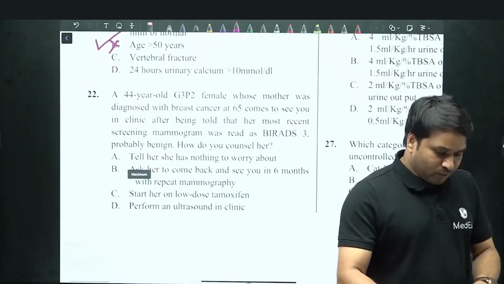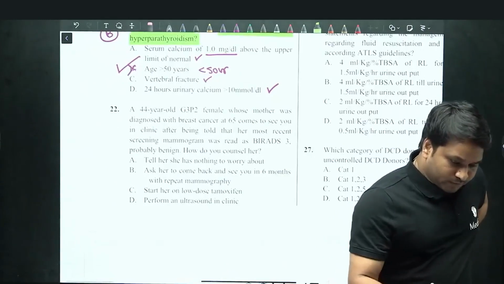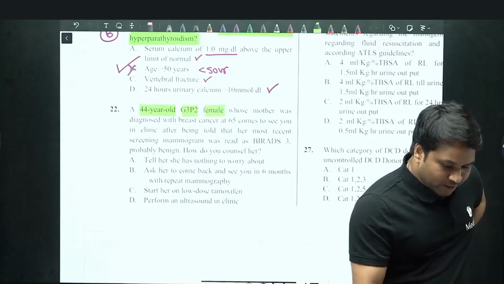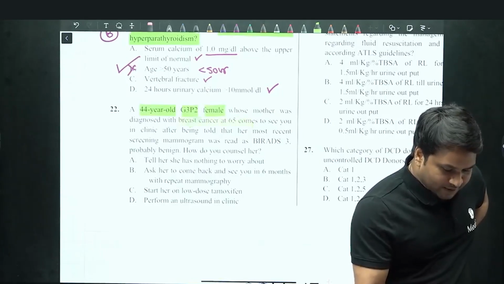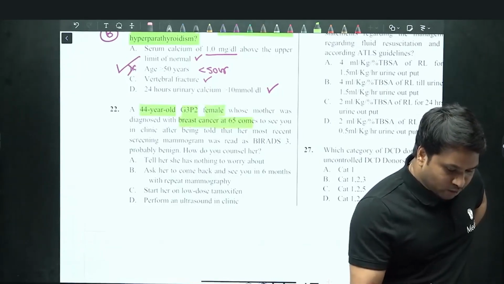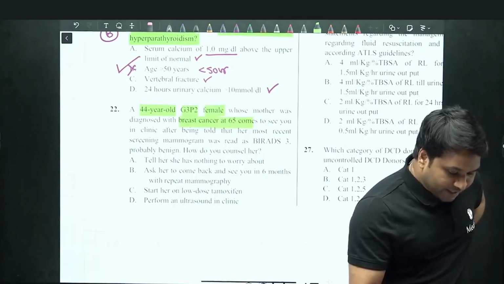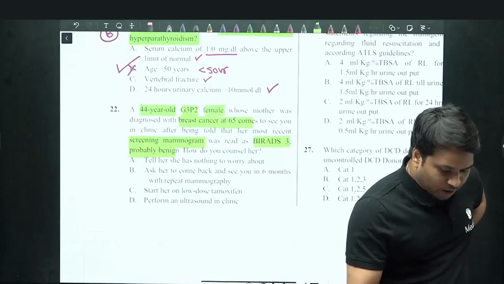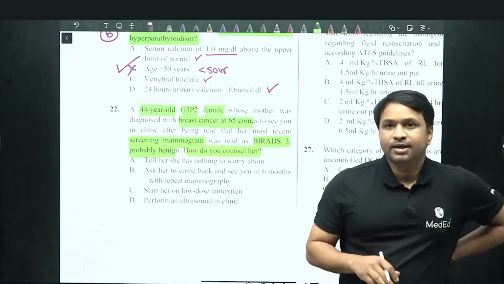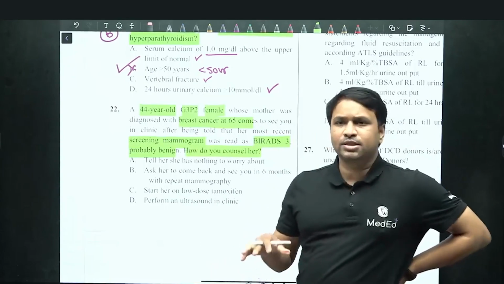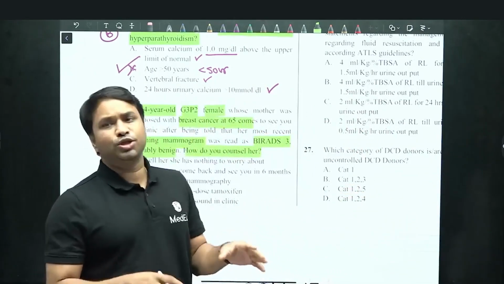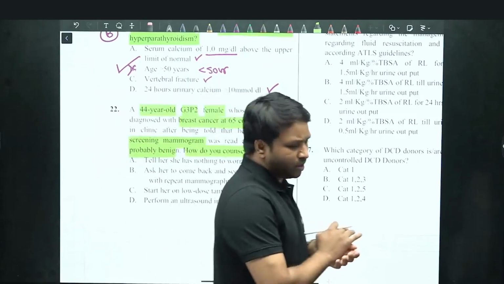So question number 22. In question number 22, we have a 44-year-old G3P2 female whose mother was diagnosed with breast cancer at the age of 65, comes to see in clinic after being told her most recent screening mammogram is BIRADS 3, probably benign. How should you counsel her? See, we have a patient who has a first degree relative with breast cancer. No doubt she is at a risk of developing breast cancer.